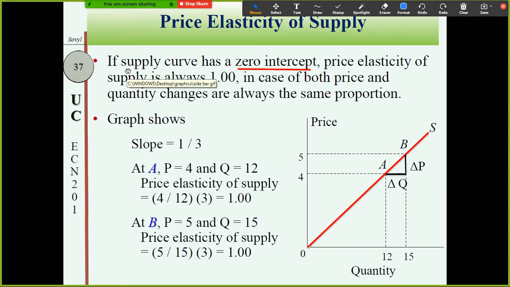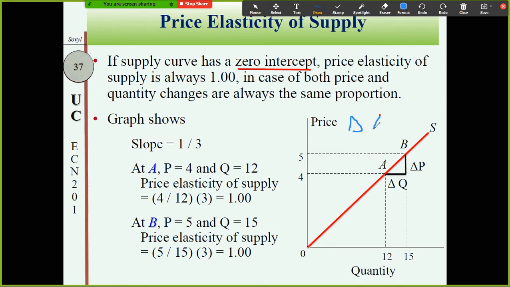However, if your supply curve starts from the origin point, 0 point, or we call it zero intercept, price elasticity of supply is always equal to 1, because both price and quantity change in the same proportion. Why?